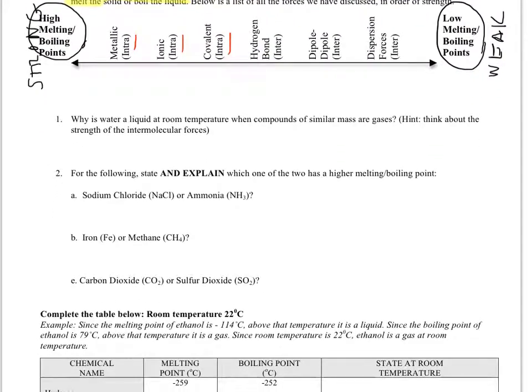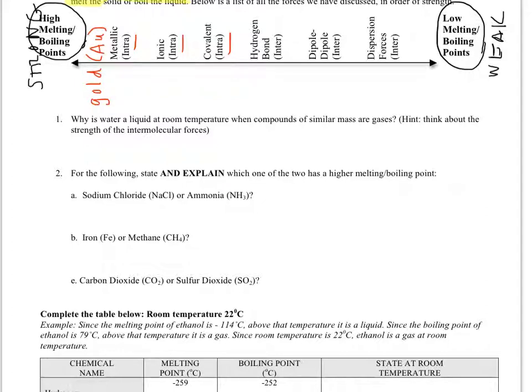So I want to give you some examples here. Okay? An example of a metallic bond, we didn't really talk specifically about these in our bonding packets, but metallic bonds are just these attractions between metal atoms. So if you have gold jewelry, for example, right? So gold is Au.